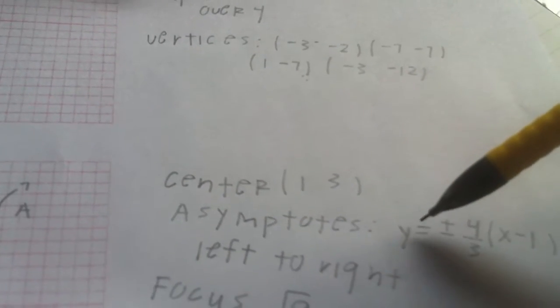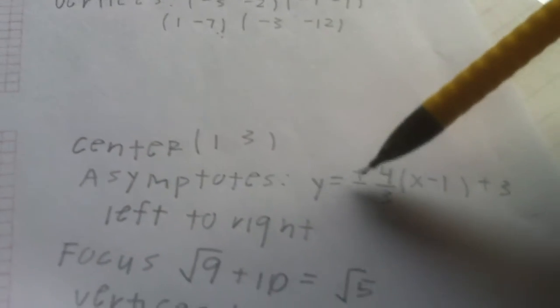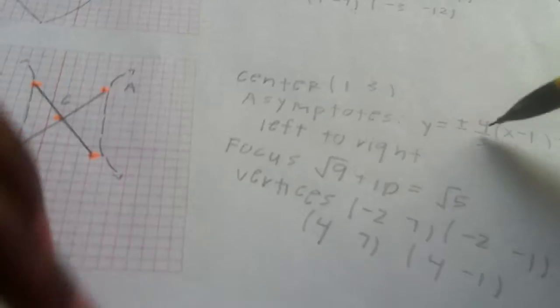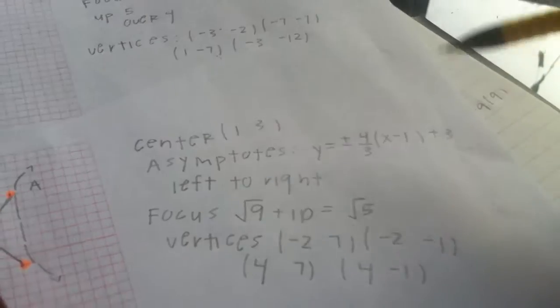And our asymptote is y equals x plus or minus 4/3, because the square root of 16 and 9, and the 4 goes on top because the square root is 16 and it's rise over run, and 16 is with the y, so the 4 goes on top, and the square root of 9, which is 3, goes on the bottom, where we got 4/3. And then we take the x factor, which is x minus 1, and we got +3 on the outside, because when you take it out of the parentheses for the y, you have to change the sign. So that's where we got the +3.